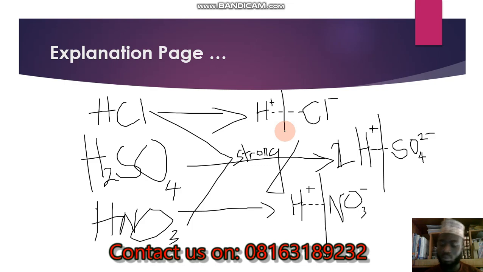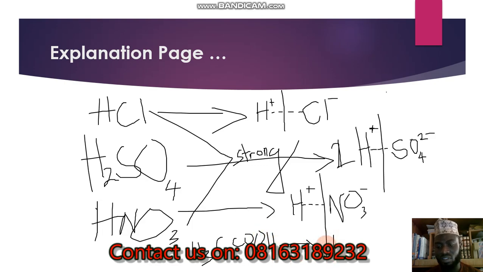But let's take an example: ethanoic acid. Ethanoic acid is CH3COOH. This is an example of a weak acid. In this case there is a partial ionization, meaning not all the hydrogen is used.